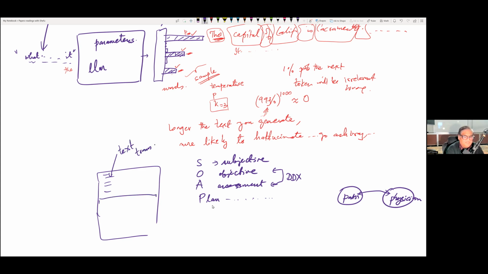Then we gave it a generative AI prompt and said, produce SOAP. And this is how we learned, actually. The good news was, quite often it would come up with pretty good diagnoses.